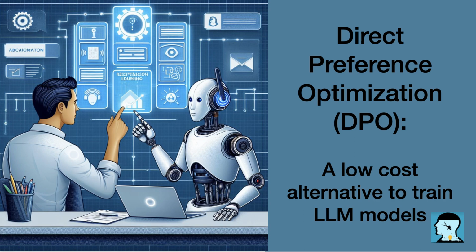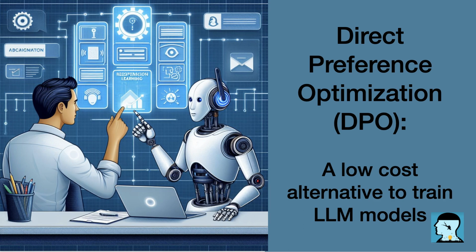Secondly, DPO enables the training of language models directly based on human preferences. By implicitly defining the reward as part of the optimal policy, DPO aligns the model with what humans consider to be desirable outcomes. This can result in language models that are more accurate, relevant, and aligned with human preferences.